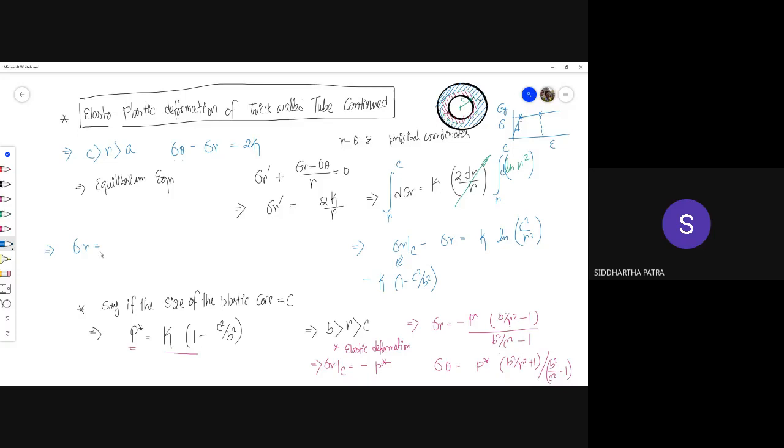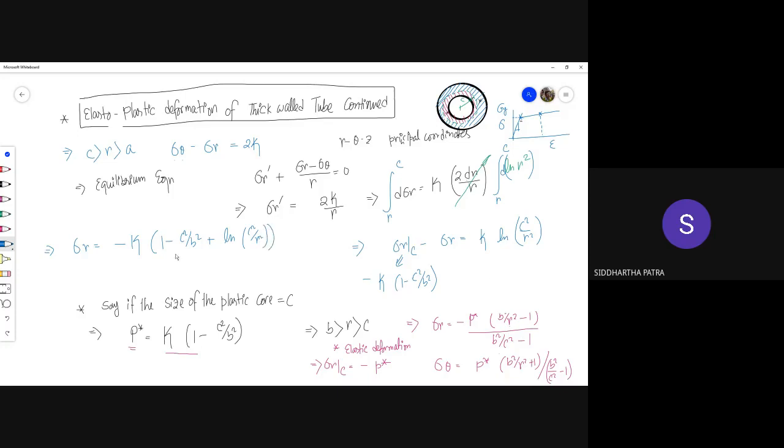which is minus k times 1 minus c squared by b squared plus ln of c squared by r squared.